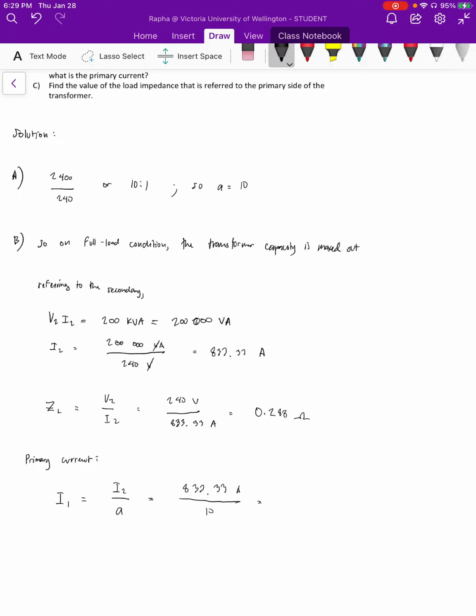And so our primary current is at 83.33 amperes. Ito lang din siyang ipang-highlight itong mga final answers so that it's easy to check whether tama siya or mali.